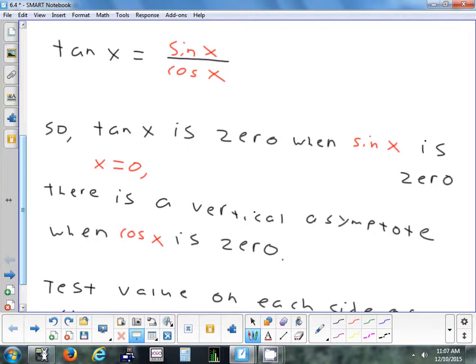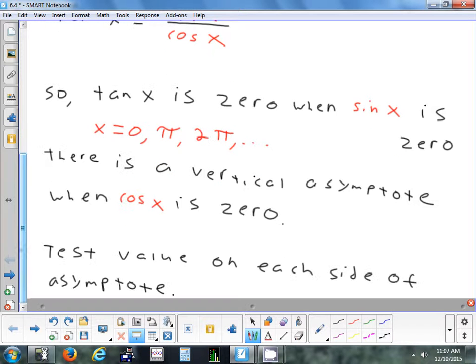Think in terms of pi. So x's are all going to be angles in terms of pi. Sine of pi, yep. 2 pi, yep. Basically, it's 0 plus or minus any multiple of pi. Those are all the times you can take the sine and get zeros.